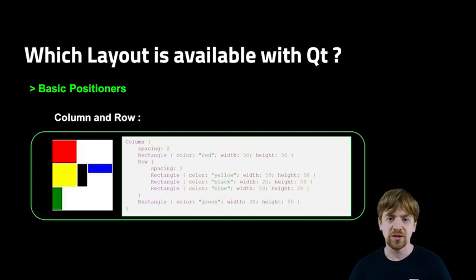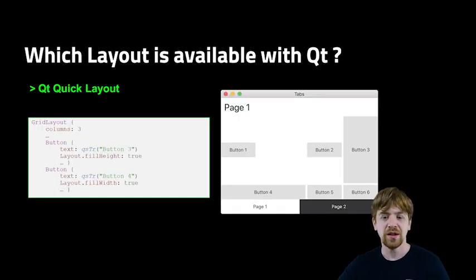So the big difference between basic positioners like Column and Row and the Qt Quick layouts, so GridLayout, RowLayout and ColumnLayout, is that those ones automatically define the size of each item. That means that you have two important things added to the positioner that you can see here, for example, the fill height and fill width.